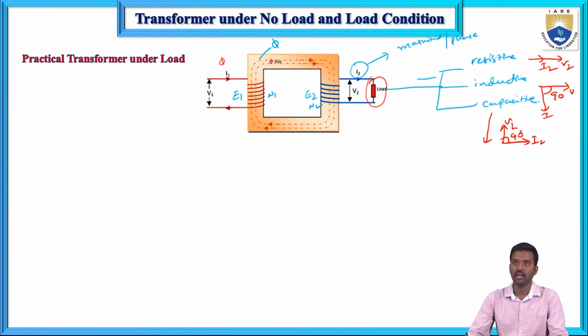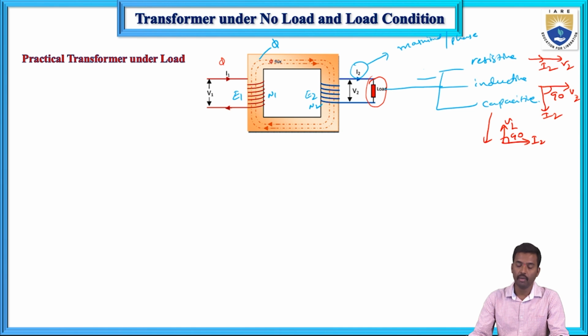These are the vector diagrams. First, if the load is resistive, voltage and current are both in phase. If it is inductive, current lags voltage by 90 degrees. This is V2 and this is I2. And if it is a capacitive load, current leads voltage by 90 degrees.